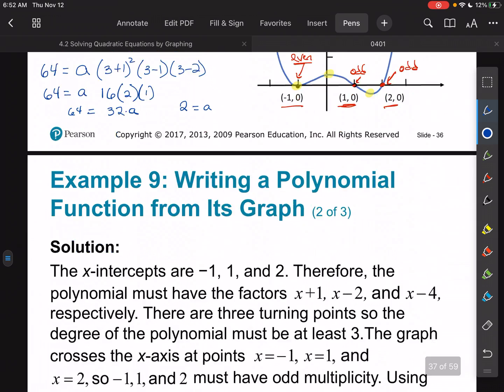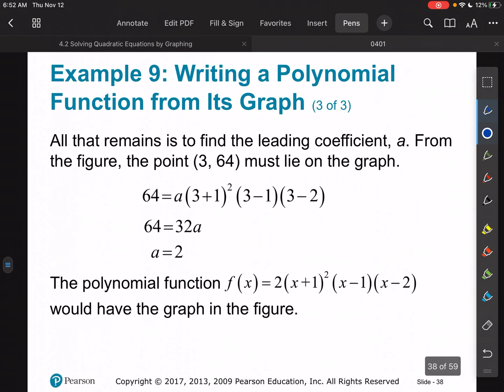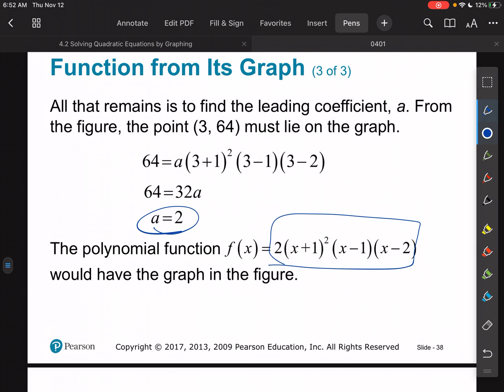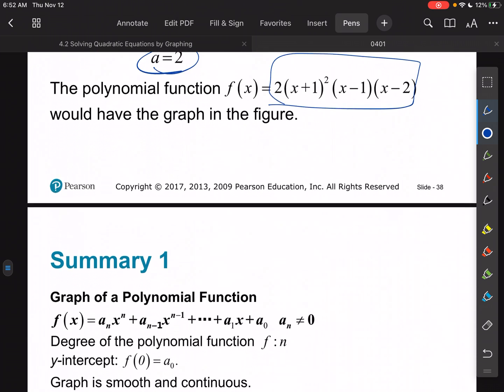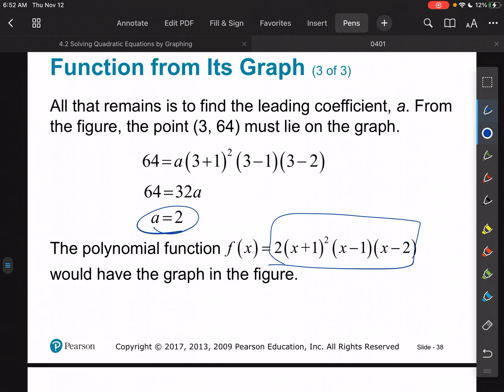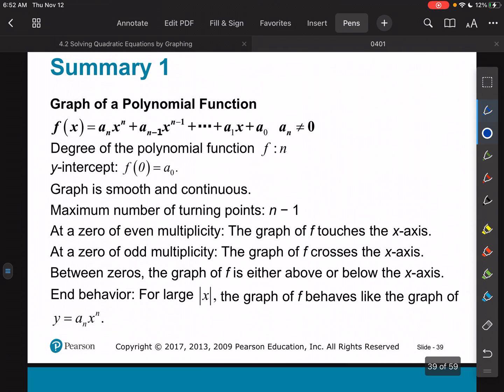So that's example 9, and this walks you through it. Looks like they got the same thing as us. Perfect. We're done with example 9. That's how you would use a picture to make a polynomial. I'm glad they leave it in this form. So here's a little summary of what we've done on the last lesson up until what we just did.